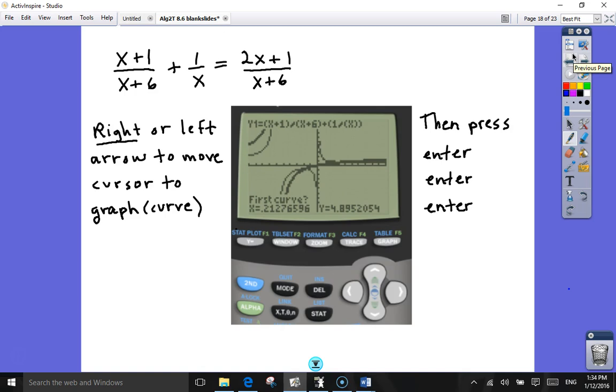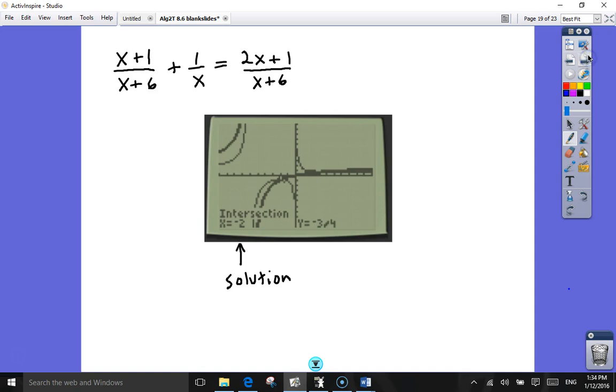I mean, you could have moved over farther. You could have. Just so that we all get the same answer the first time. Okay, now it's definitely on the graph. It's this one right there. So you just hit enter 3 times. Enter, enter, enter. And you should get the intersection, -2, -3/4.